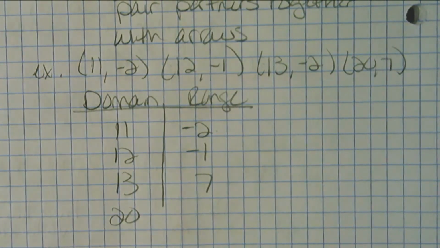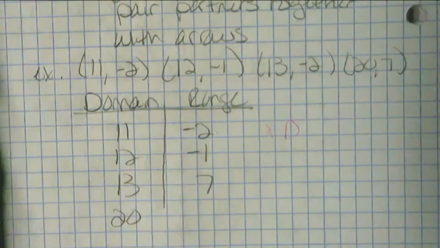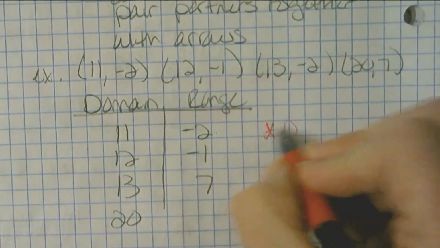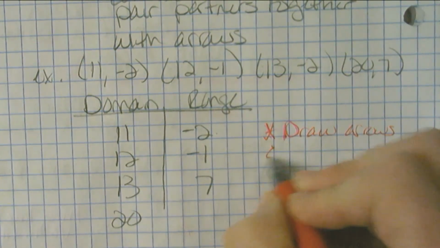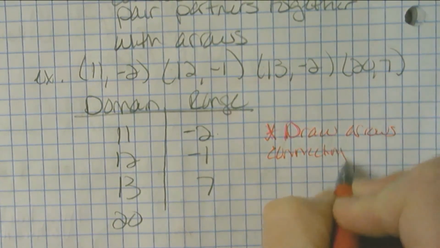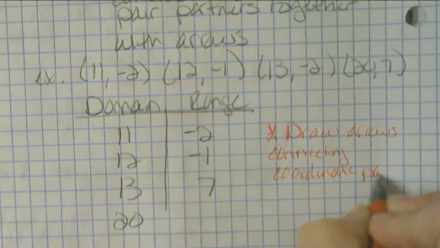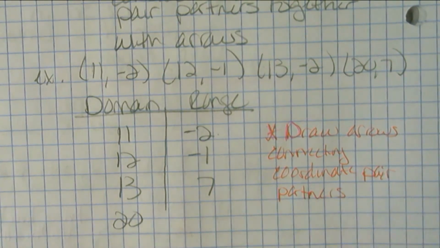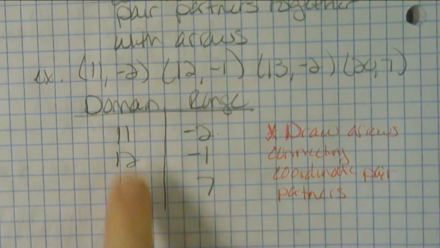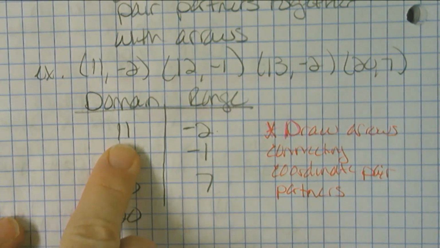Okay, so now what I want you to do is draw arrows connecting coordinate pair partners. So who is 11's coordinate pair partner? -2.